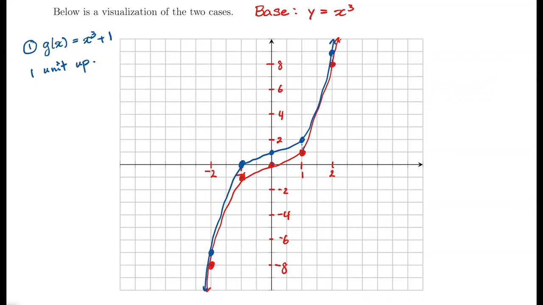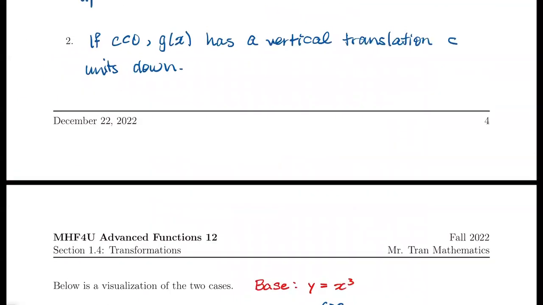So that is what happens when c is greater than 0. And then similarly, let's say we take c less than 0. So we'll have x cubed minus 1, let's say. That means we're going to go 1 unit down. Forgot to put the absolute brackets around.